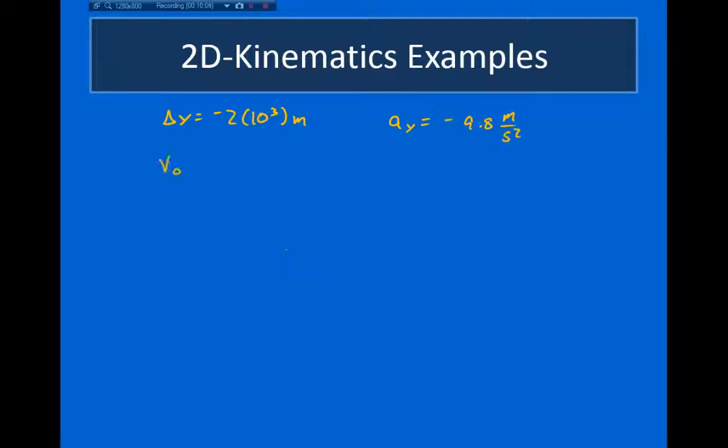The initial velocity in the y direction is going to be 34.9 meters per second, plus or minus, depending which plane it is. And what I'm trying to solve for is the final value of the y component of the velocity.